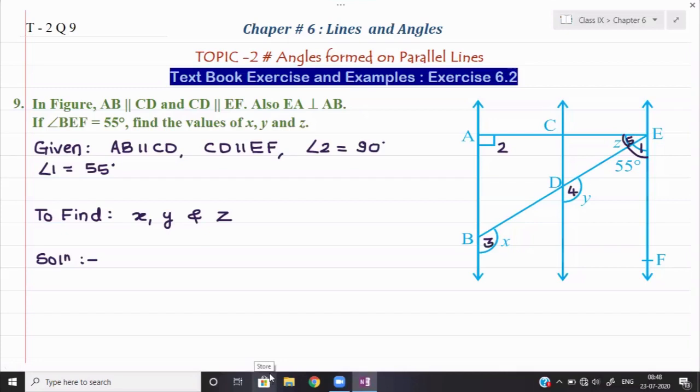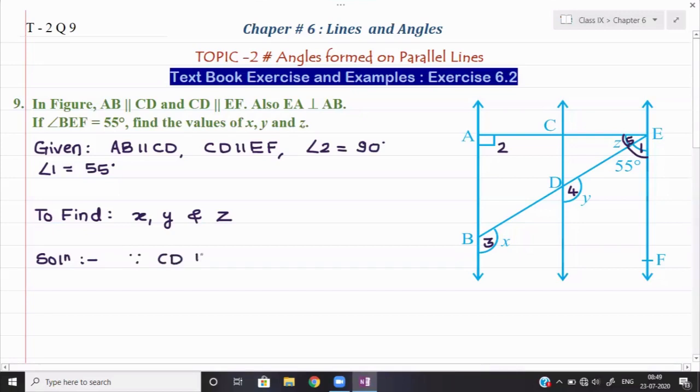Now first of all, we need to find out all the three angles one by one. So which angle can we find out first? Since CD is parallel to EF.